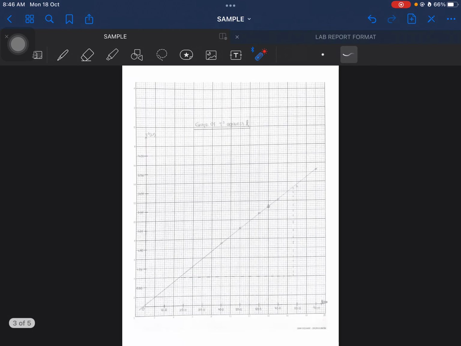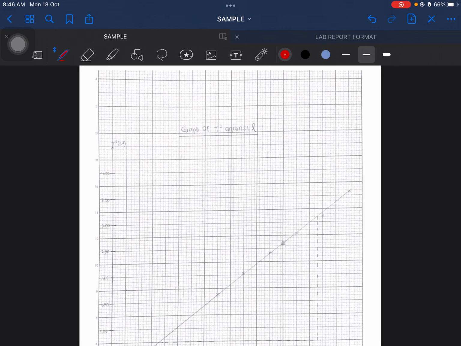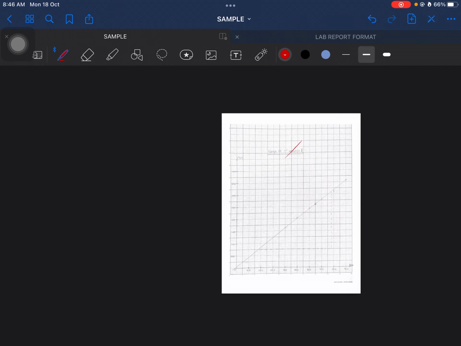Next is the graph, 11 marks. What I will be looking at is the correct axes along with the units. You should have the title. This one has a title, and the title must be correct.